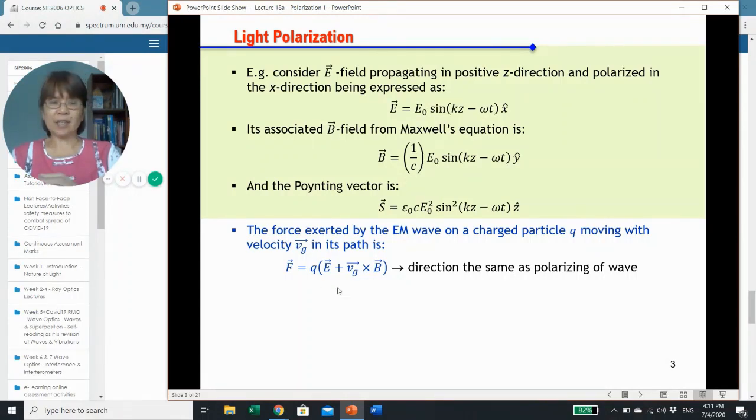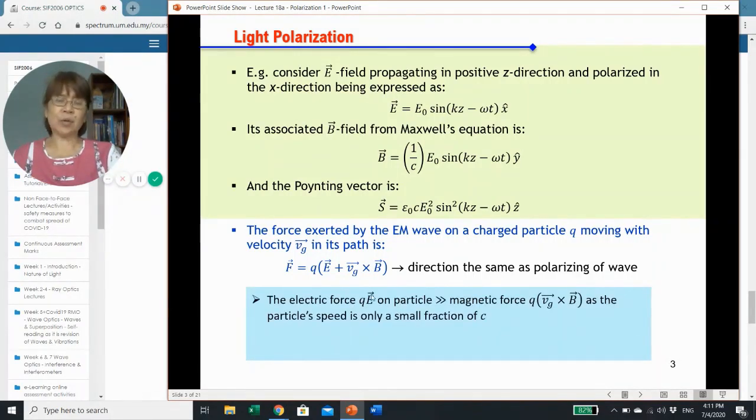You find that the direction that the force is acting is in the same direction as the electric field. So again, it tells us that specifying the polarization using electric field is also very suitable.